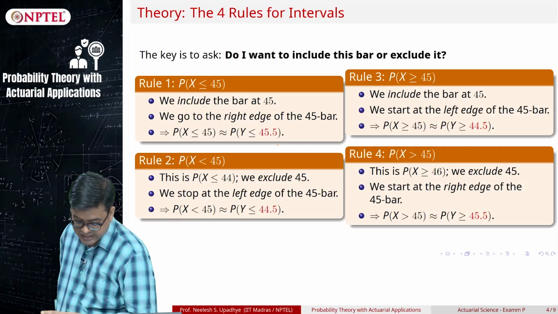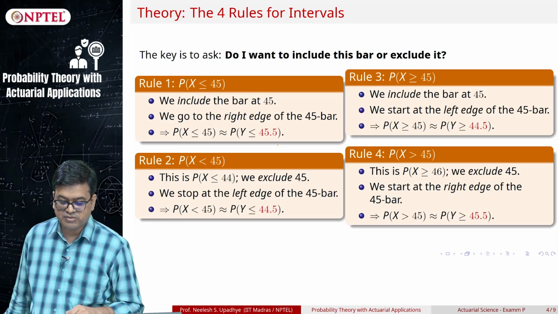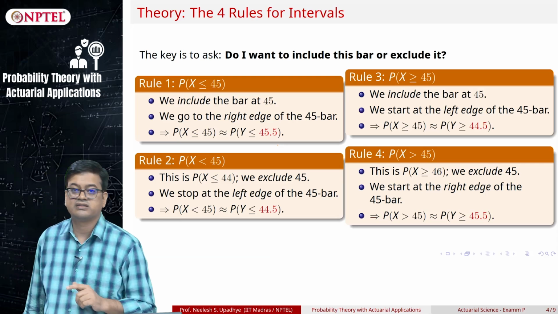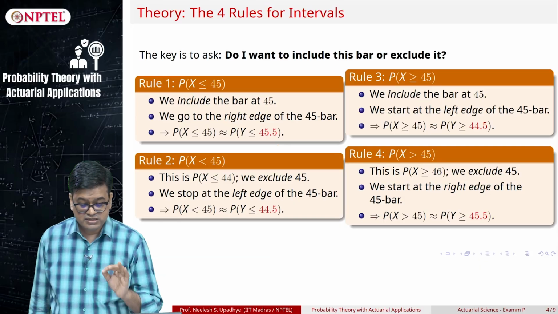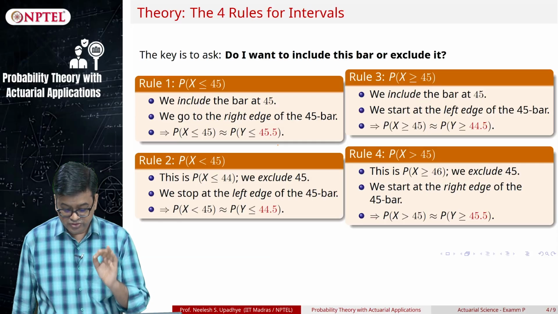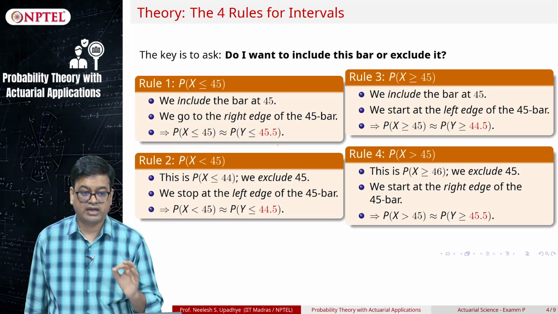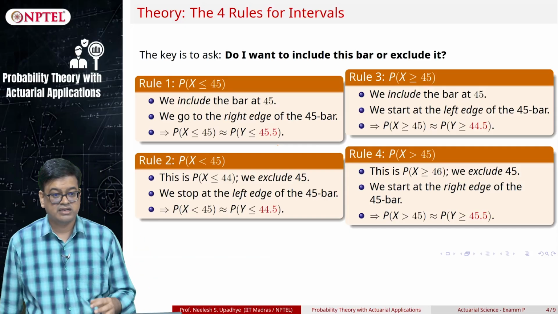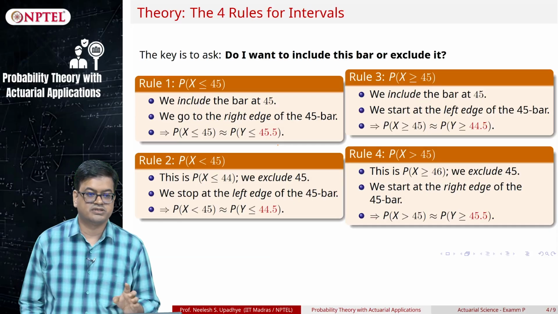So we have to exclude 45, and then I will write that continuous approximation as y greater than or equal to 45.5. These are minor subtle steps, but if you do not follow them properly, it may lead to wrong calculations, particularly given a discrete random variable as a loss distribution.